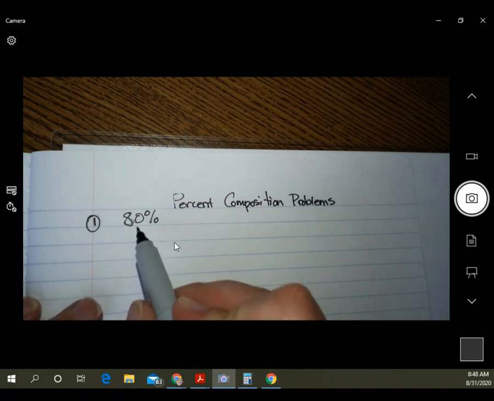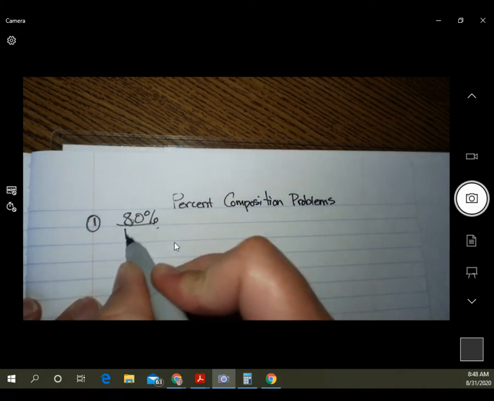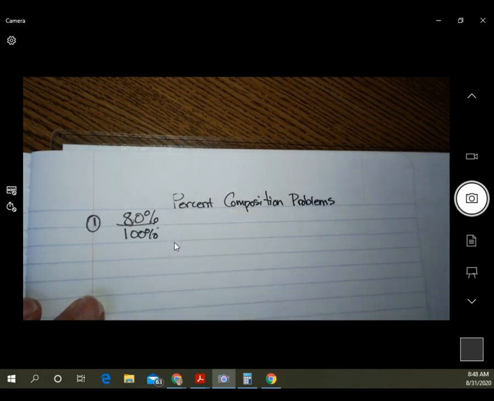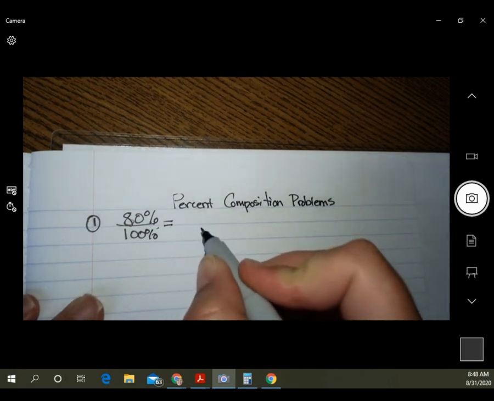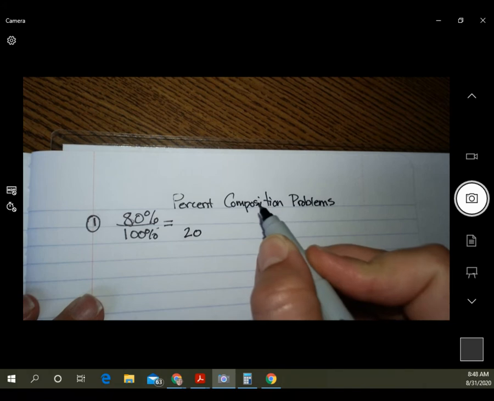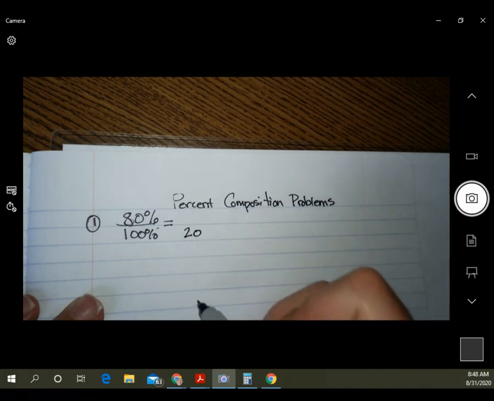What is like the best percent you can get on a test? 100. So we know that's going to be our whole. Then we come back to our problem. It says that on a math test that had 20 problems, how many problems on this test did the student answer correctly? Well, if the test had 20 problems, that's going to be the whole.